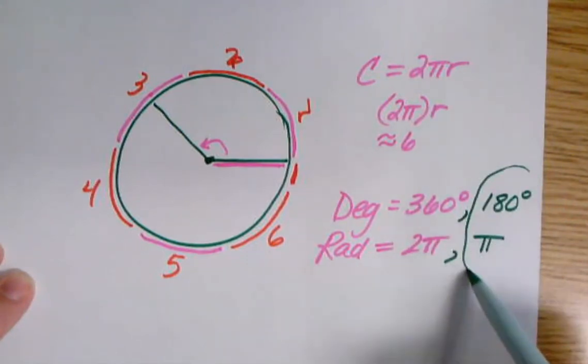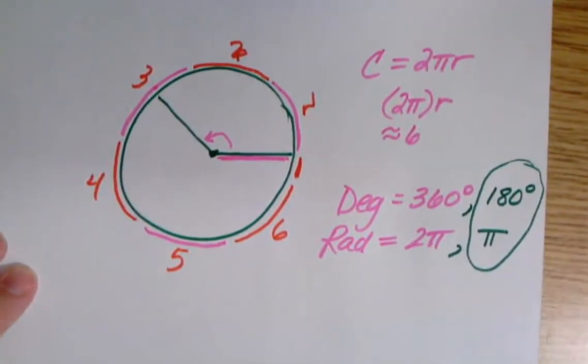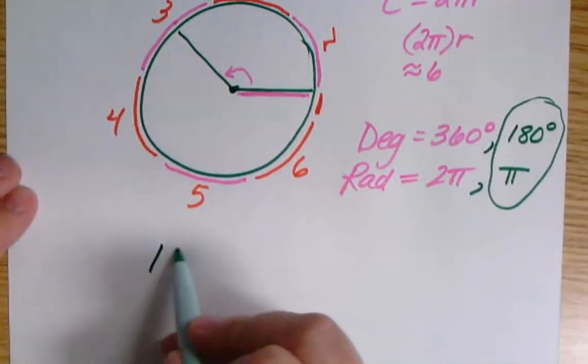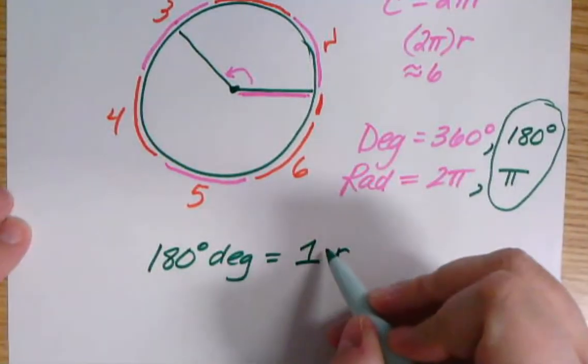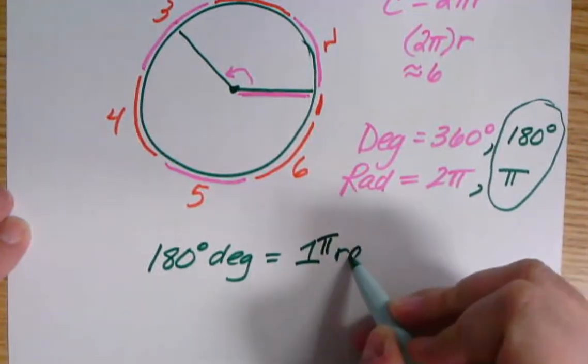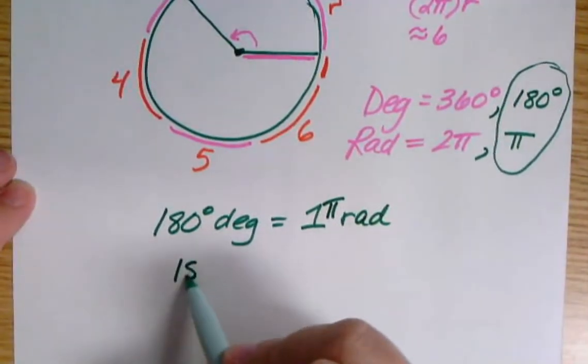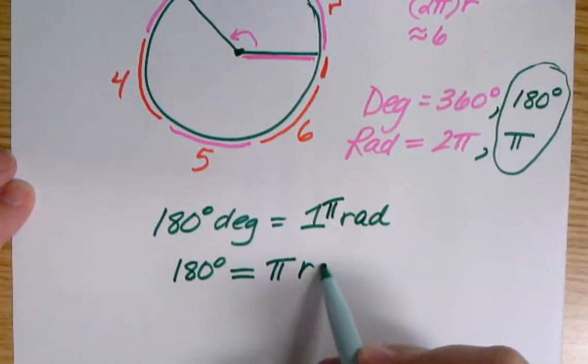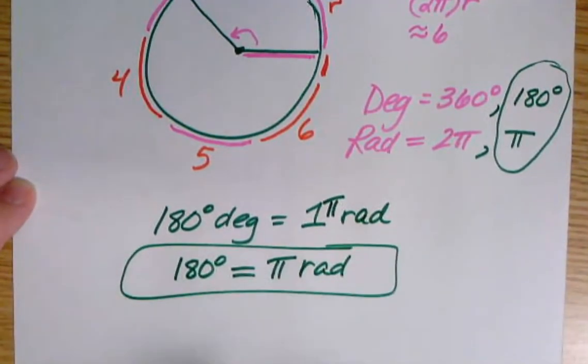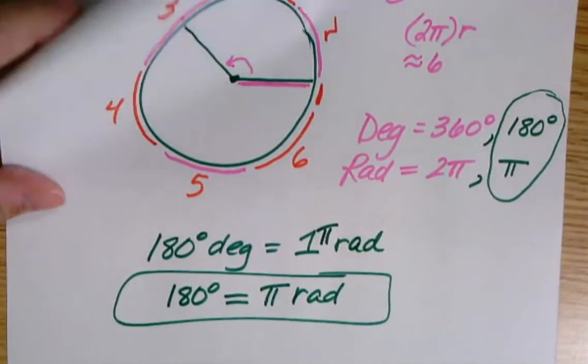This is what we use as our conversion factor: 180 degrees is equal to pi radians. So we're going to use that to convert.